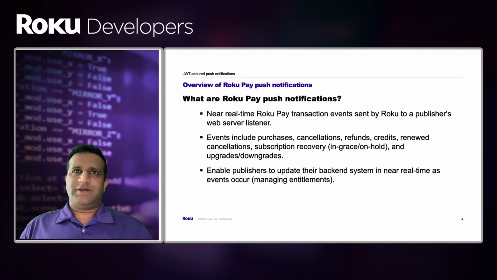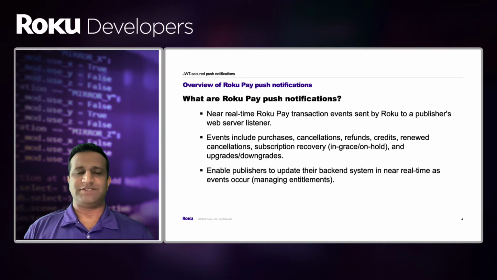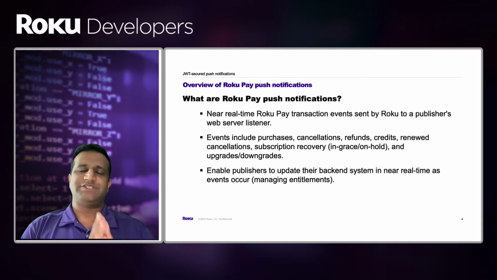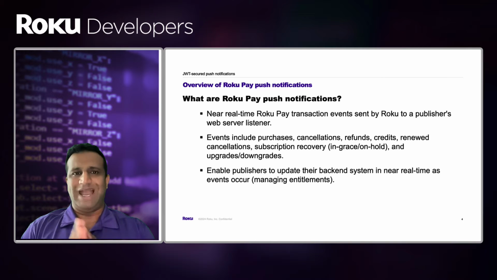As we go through the flow, this involves multiple moving pieces, right? You have your order, which is coming from the device, and when the device places the order, there will be a payment processing backend that completes the order and sends an acknowledgement back to the customer and also to the partner.